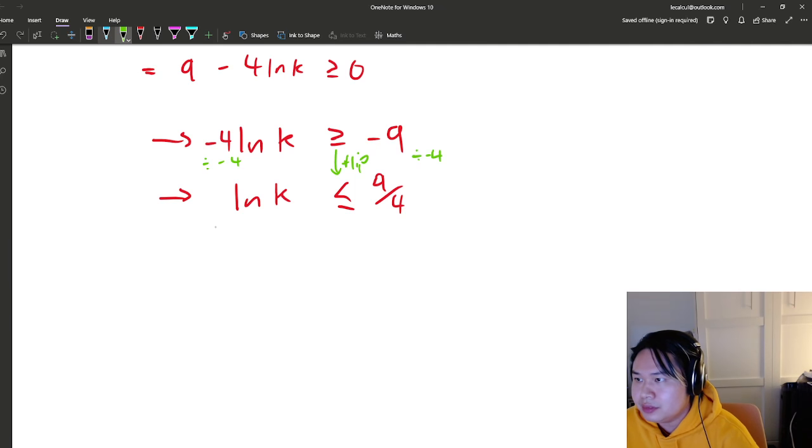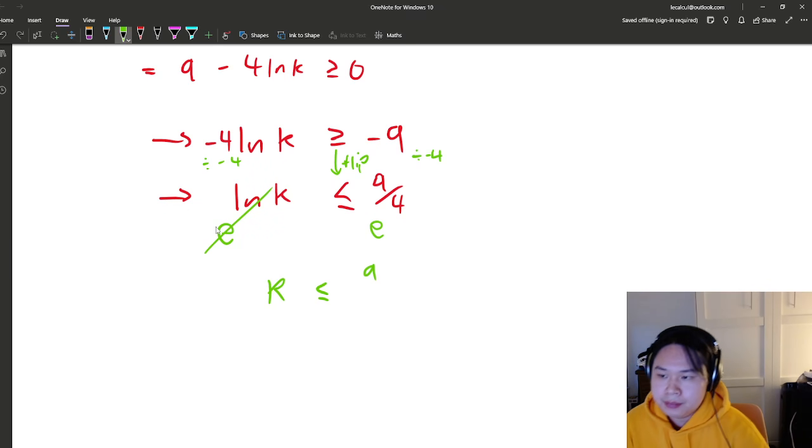If you don't understand, we can raise both sides to the power of e, and then these are inverses. So then you have k is less than e to the 9 over 4.